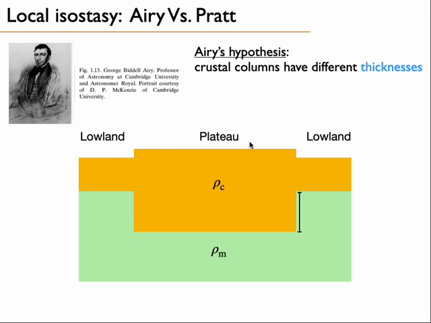So we know there is a plateau, and we make the assumption that below the plateau there is a different thickness of the crust with regard to the lowland region. So we have one density, that of the crust, and a second density, that of the mantle.